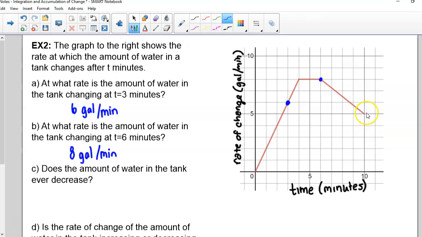By the time we get to 10, it looks like we're only at 5, so that's a decrease in the rate of change, but not in the amount of water. So for this one, the answer would be no, and your reason would be because the rate of change is always positive.